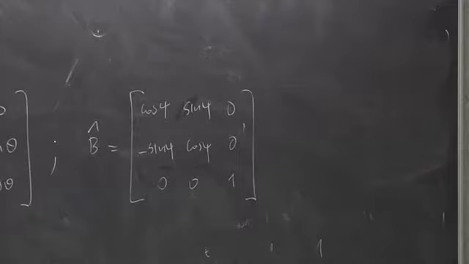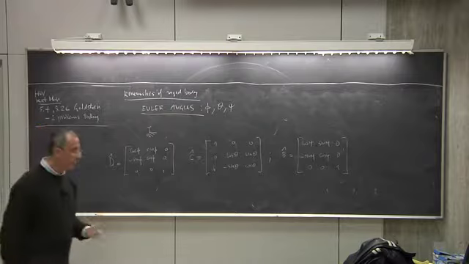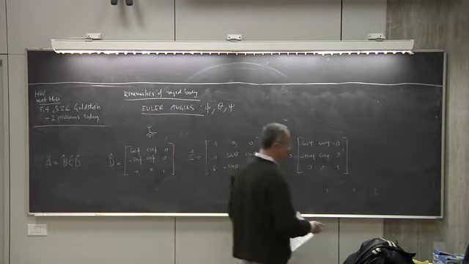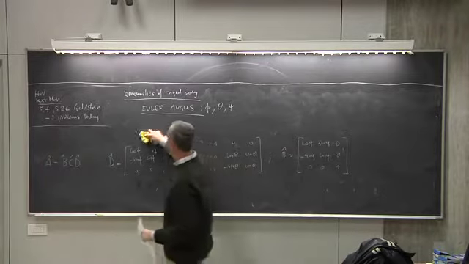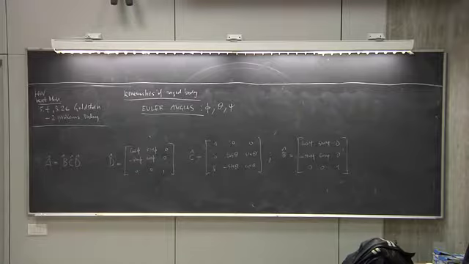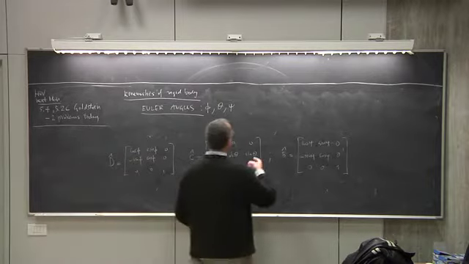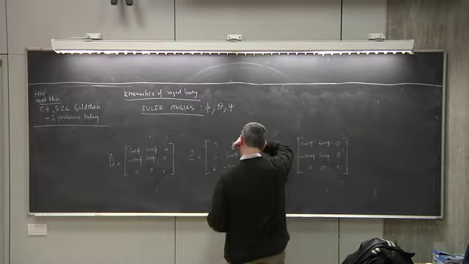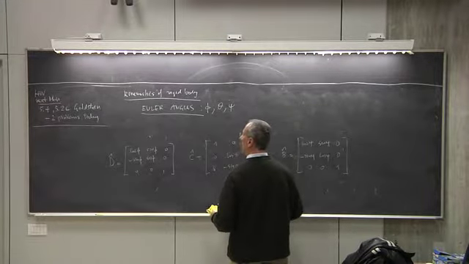The only thing is, unfortunately, I have to multiply three matrices. That requires some energy. So I'm not going to do that in real time. I just write the result. Maybe over the weekend you can check. So the result of this is a 3 by 3 matrix that unfortunately is rather complicated.